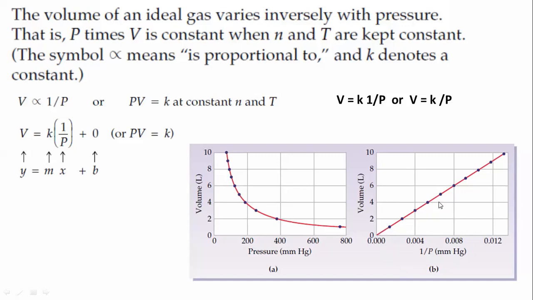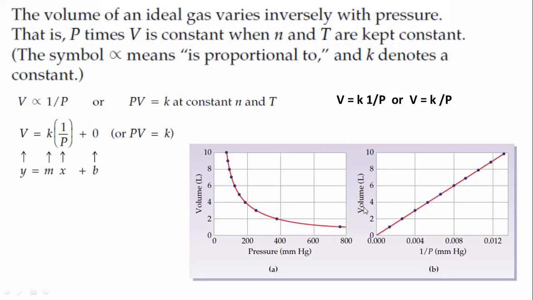Simply, if you get a straight line, you must remember the axes. You have to mention volume versus 1 over P. First you have to mention the axes, then explain the linearity of the graph. If you have not correctly mentioned the axes, then your statement about the straight line is wrong. So first, appropriately mention the axes.